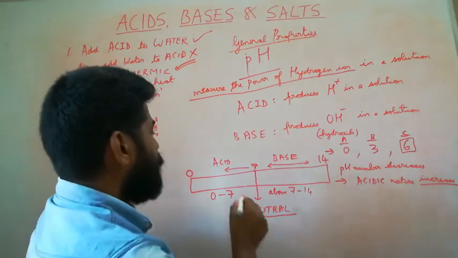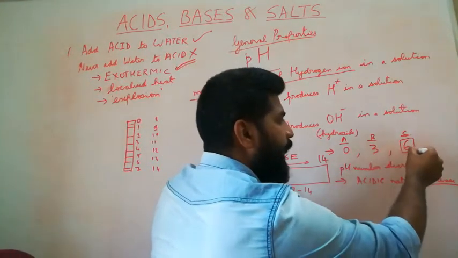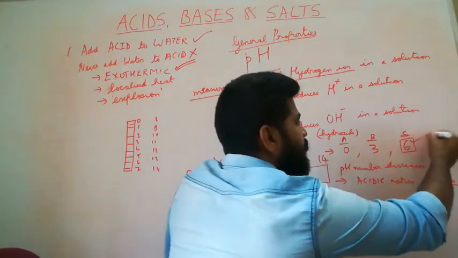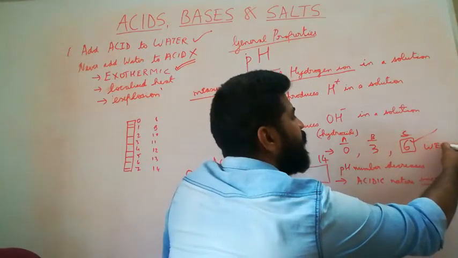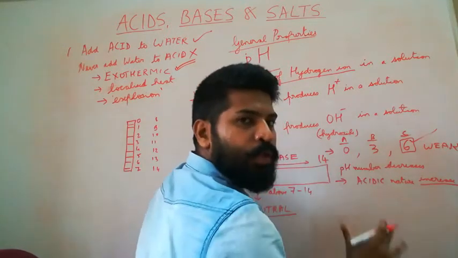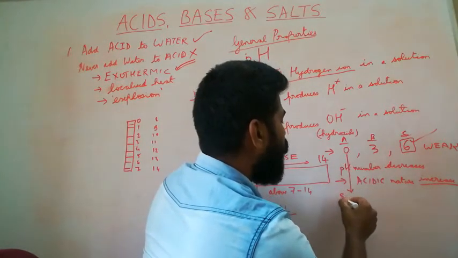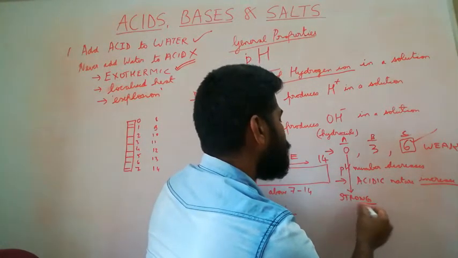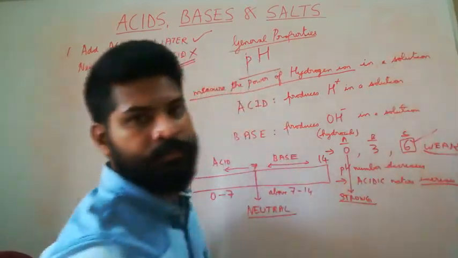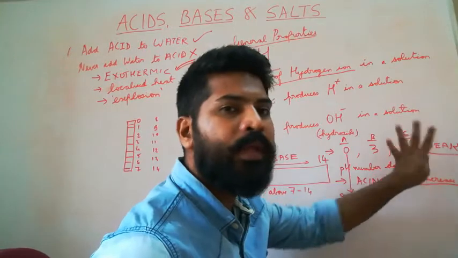So in between 0, 3 and 6, 6 will be a weak acid, whereas the solution with pH 0 will be a strong acid. What is this strong acid and weak acid?